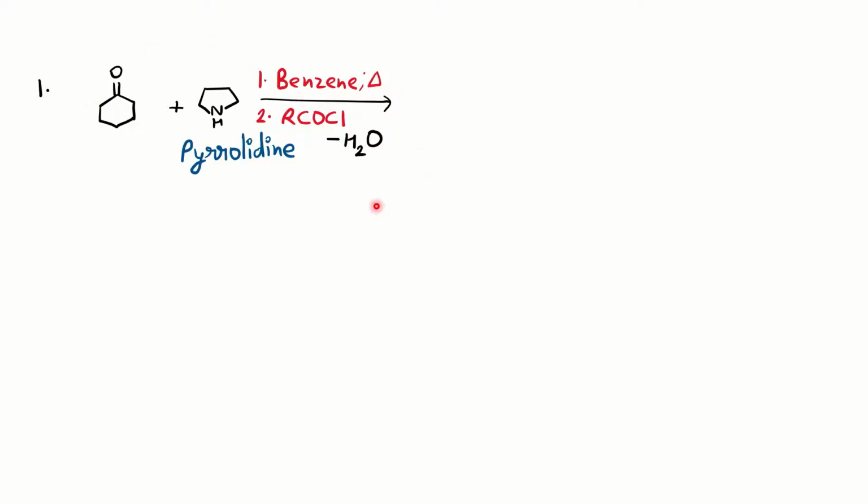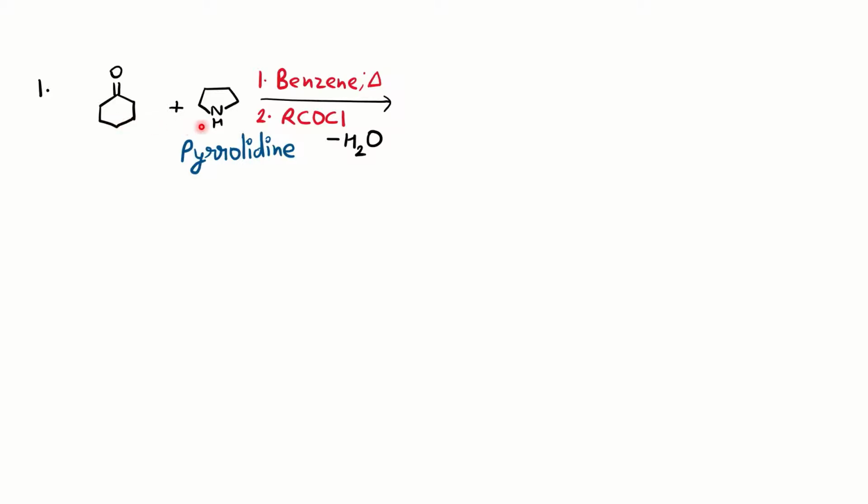As you can see, this type of reaction will be given to you in the question paper, either in MSc, or this type of problem comes in NET, GATE or JAM examinations. First we have to identify what kind of reaction this is. You have a carbonyl compound, you have a secondary amine, pyrrolidine, very frequently given in the case of Stork enamine synthesis.